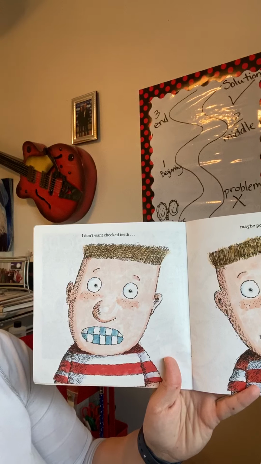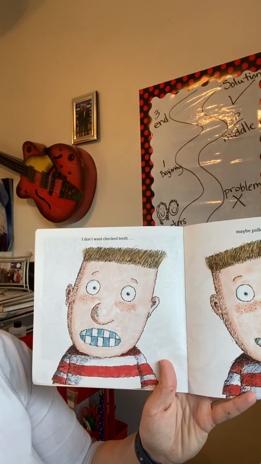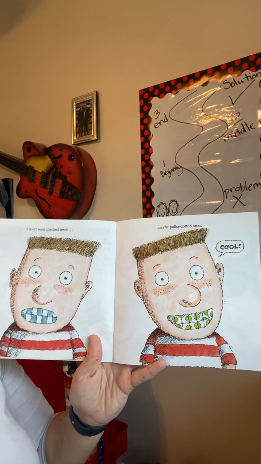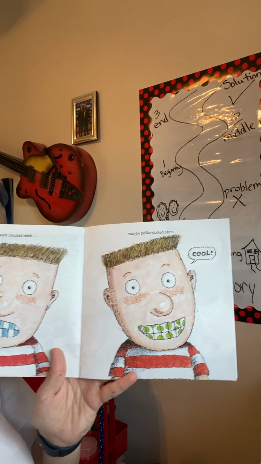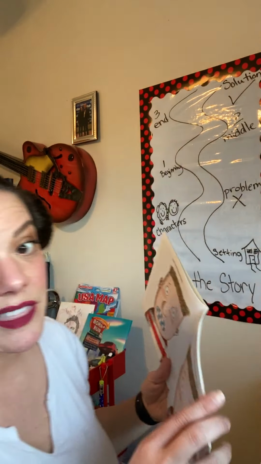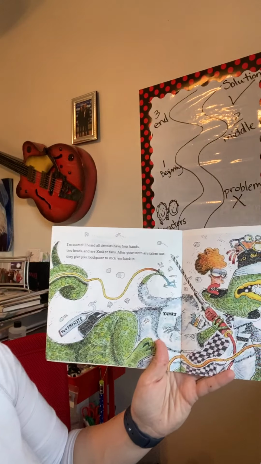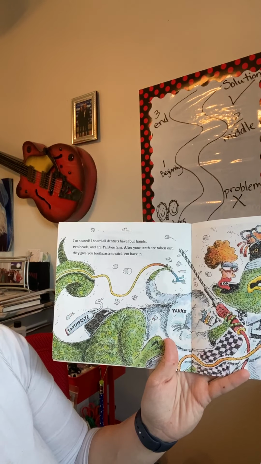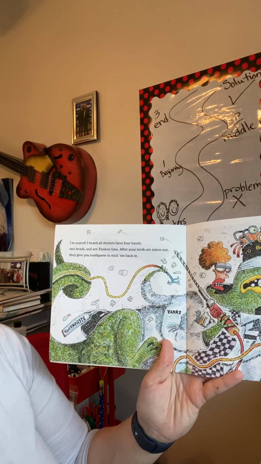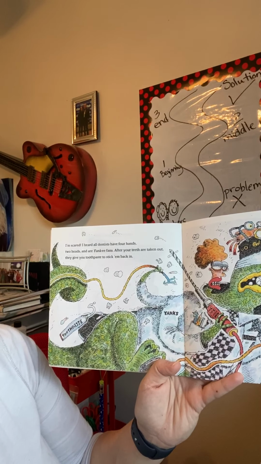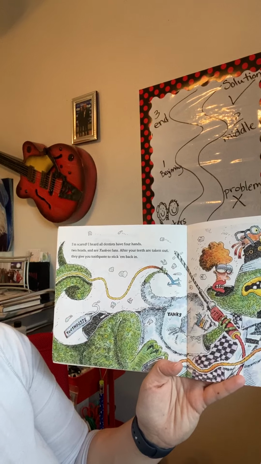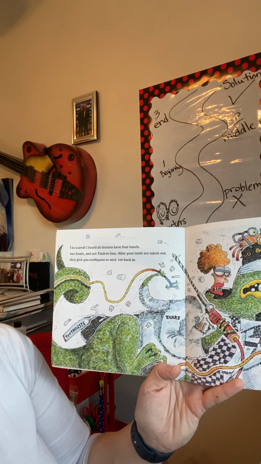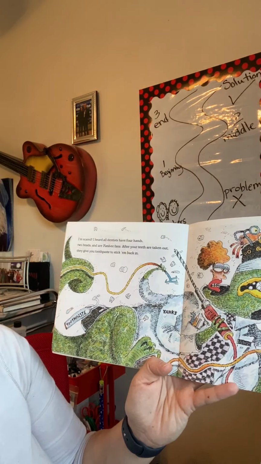I don't want checked teeth. Maybe polka dot ones. Cool. I think he's getting confused. I'm scared. I heard all dentists have 4 hands, 2 heads, and are Yankees fans. After your teeth are taken out, they give you toothpaste to stick them back in.